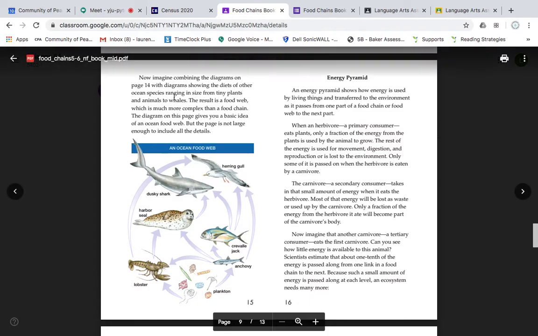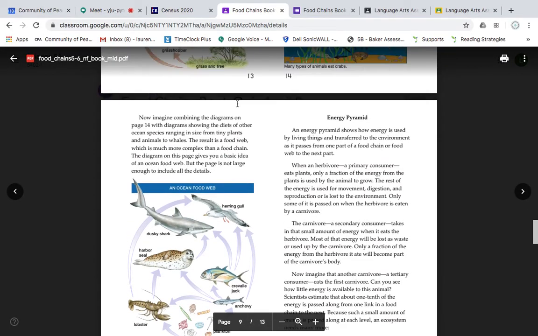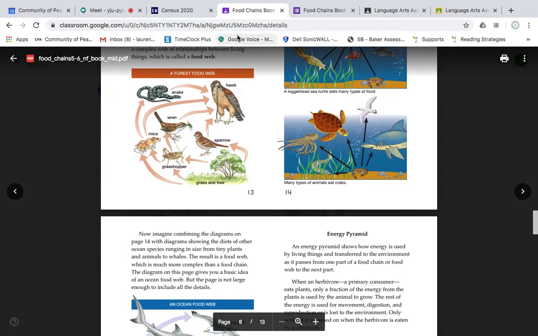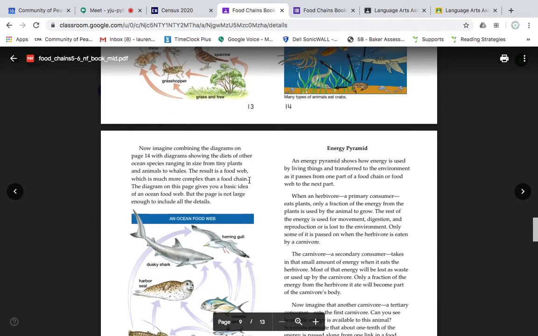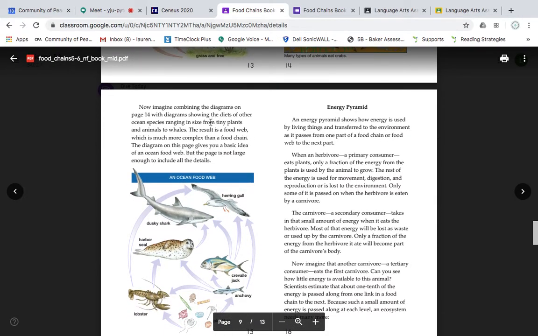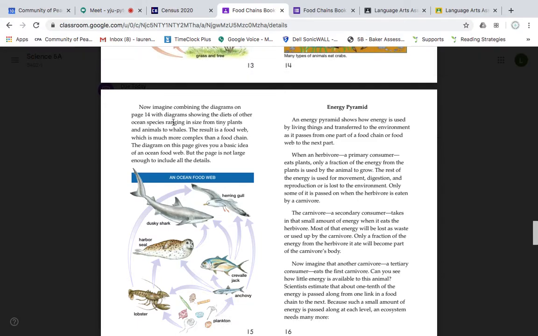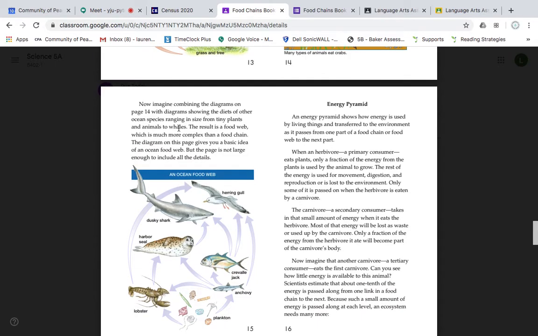Now imagine combining the diagrams on page 14, putting them together, showing the diets of other ocean species ranging in size from tiny plants and animals to whales. The result is a food web, which is much more complex than a food chain.